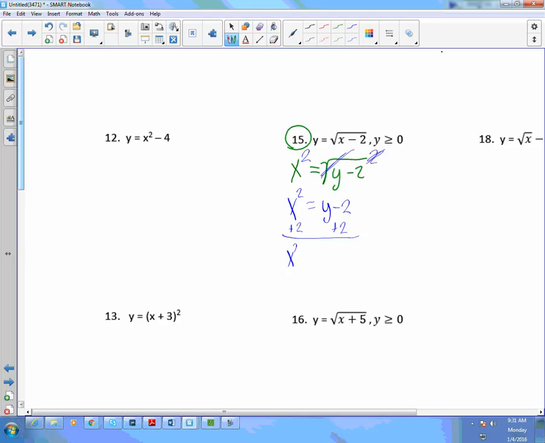So x squared plus 2 equals y. Actually, I think this is a typo. This should be all y is greater than or equal. That's fine. I thought it was all x was greater than or equal.